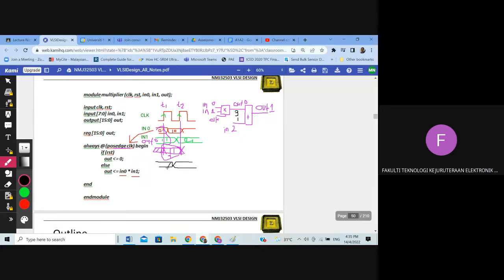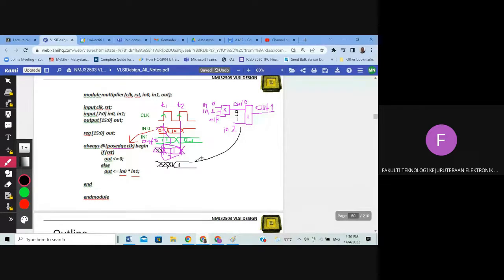This is the unknown value, the red color, or labeled as X in your simulation waveform. And then here is only the value of 1 for the input.